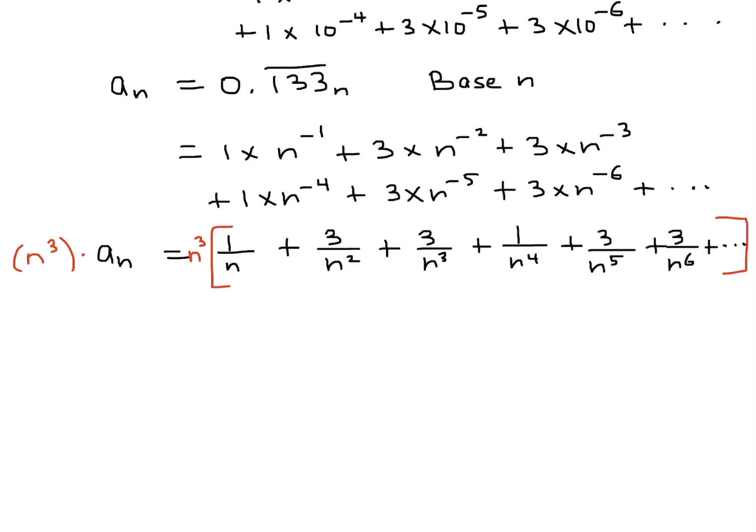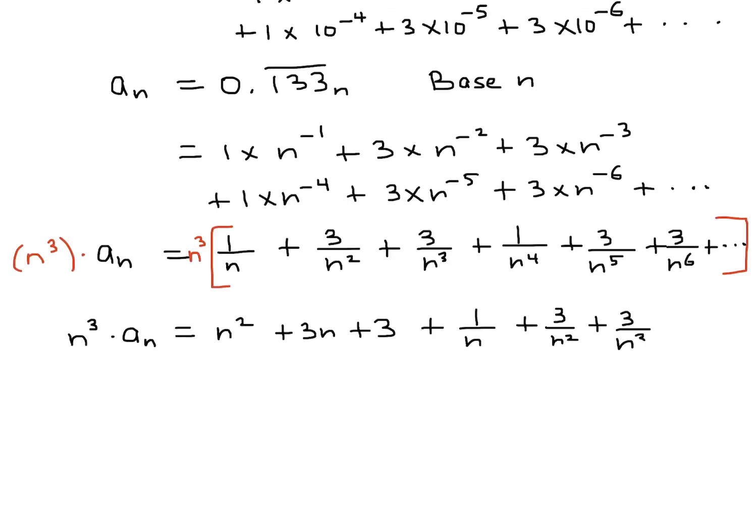On this side I get n cubed times a_n. On this side, this becomes n squared, this becomes 3n, this becomes 3, this becomes 1 over n plus 3 over n squared plus 3 over n cubed plus dot dot dot.